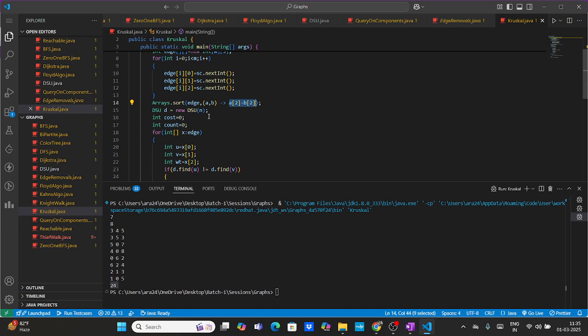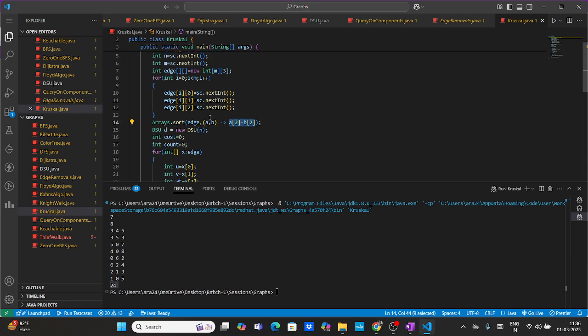Should I give a hint? There is only a single line change here.